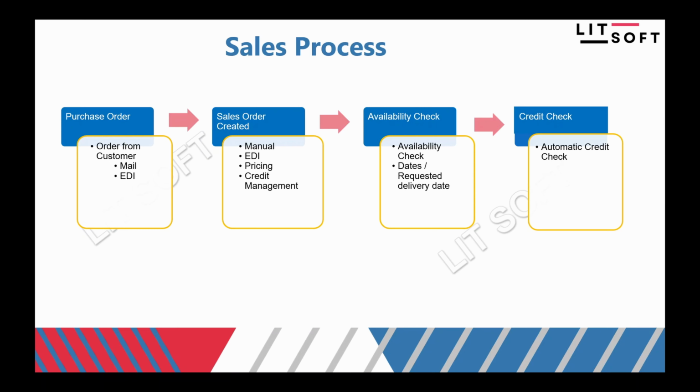There are two ways: they can raise a purchase order and send it through mail, or they can use the portal, or send the purchase order through EDI, which in turn comes in and updates the sales order in the Tata company. This is the overall background: the source and the medium through which we get the purchase order to the Tata company.